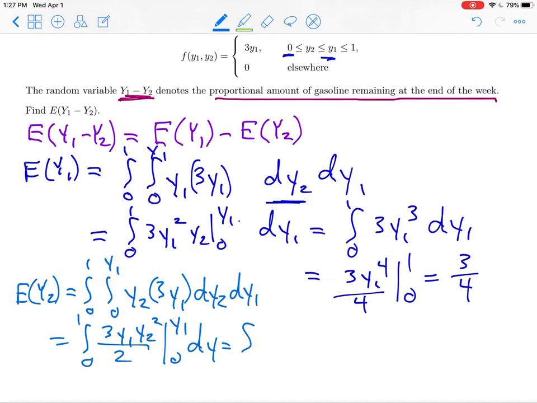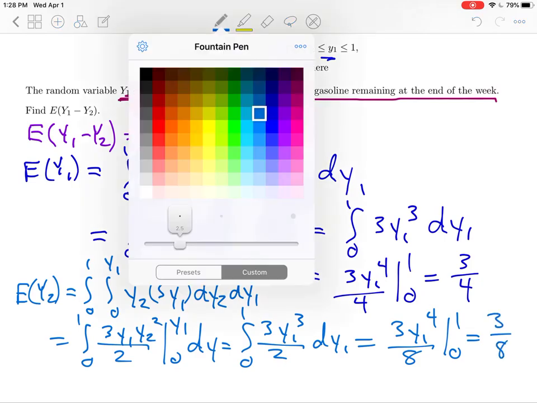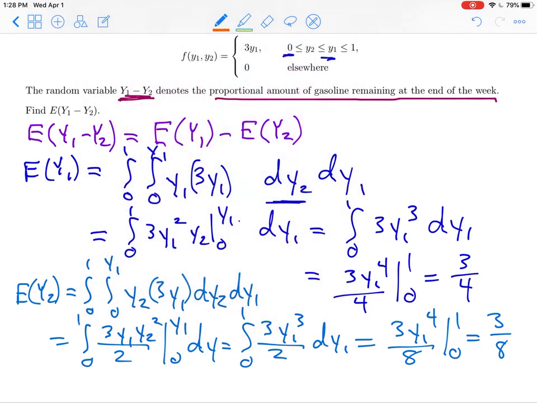And so we have an integral from 0 to 1 of 3Y1 cubed over 2. We integrate that with respect to Y1, add 1 to the power, divide by the new power, and evaluate from 0 to 1. So we get 3/8.